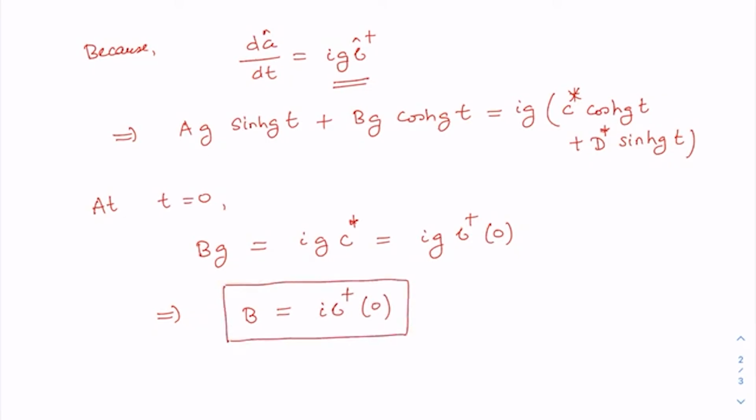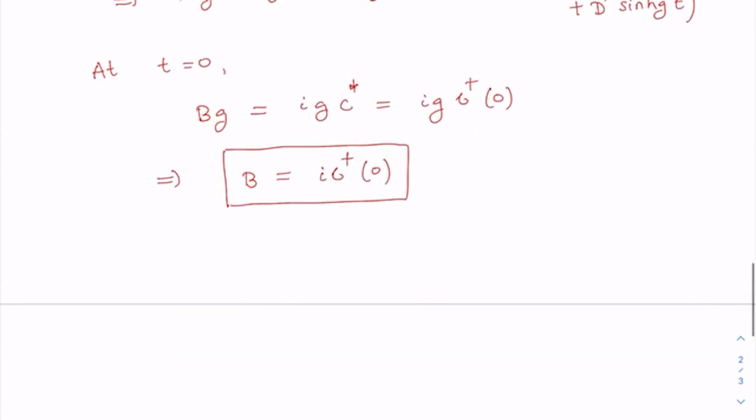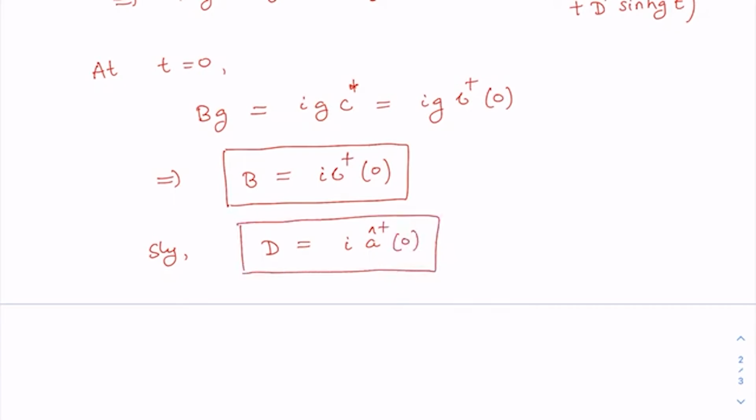So I got my constant B, I got constant A and constant C, and you can find out in a similar way the constant D as well. So D would turn out to be i a dagger 0. So I got all my four constants.